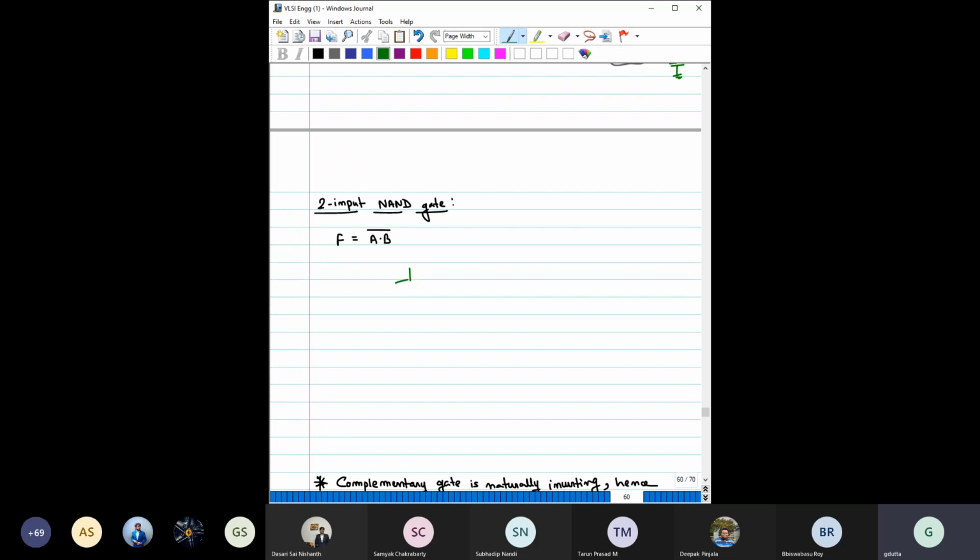To achieve that, for PMOS, we should have this PMOS like this. This is A, this is B, this is VDD, and for NMOS, what we have to take? We have to take its dual network. So its dual network is when two NMOS are connected in series.